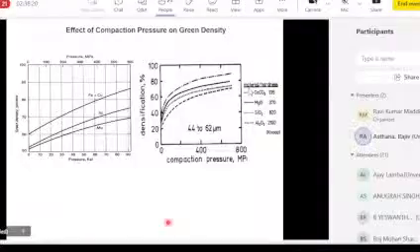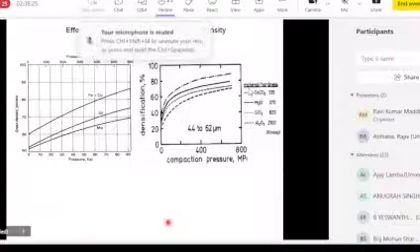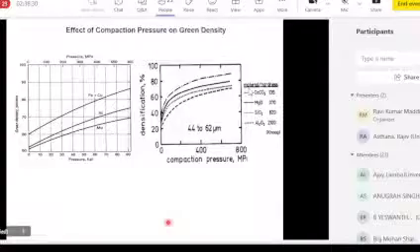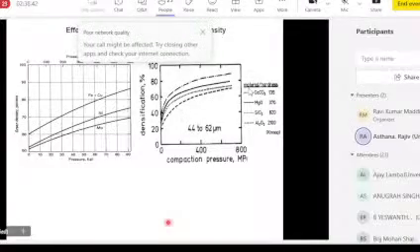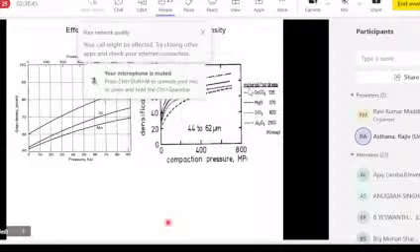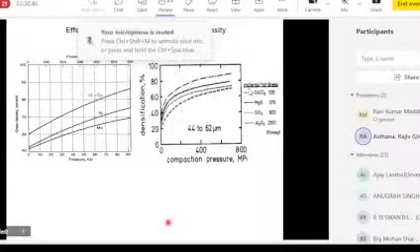So what is the effect of powder compaction pressure on density?